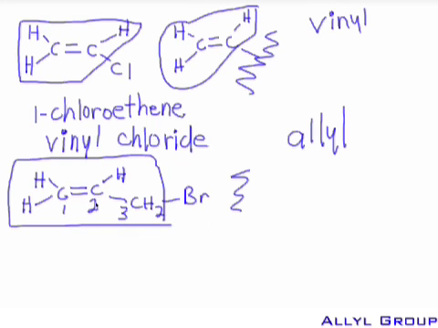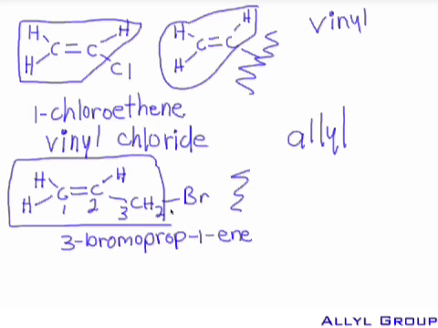Add the double bond, you drop the ane and add ene, it's a propene. In actual fact, no matter where I put the double bond, it's a 1-propene, but I will put the 1 in so it's not confusing. And so we get a 3-bromo-prop-1-ene, or you could say 1-propene.